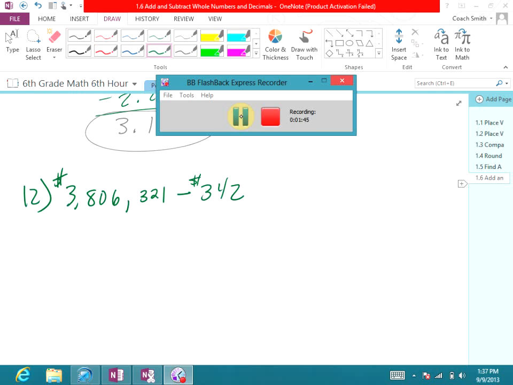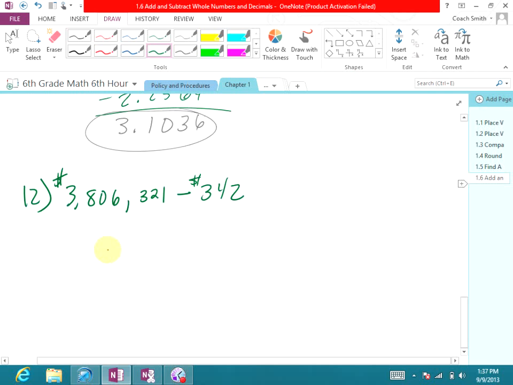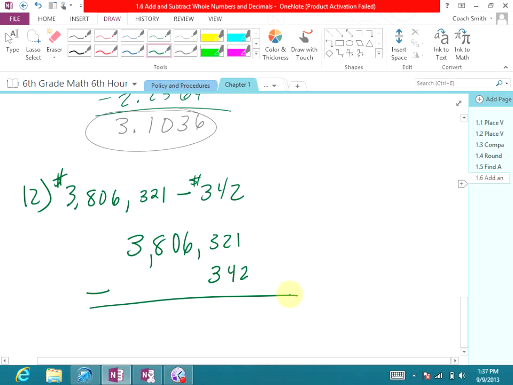Nope, have a seat. You can keep your board ready, but remember, this one should be lined up like this. 3,806,321 minus 342. If you were going to add zeros to this number, they would come in front like this. Okay? Not at the back. You can't put them at the back.